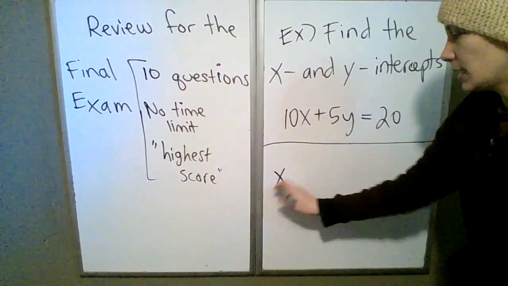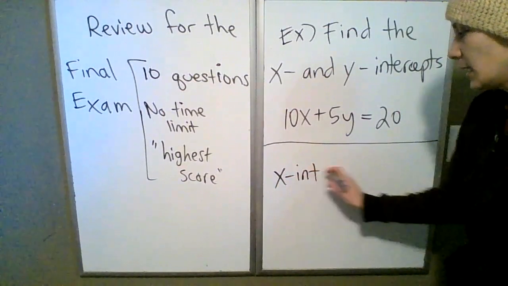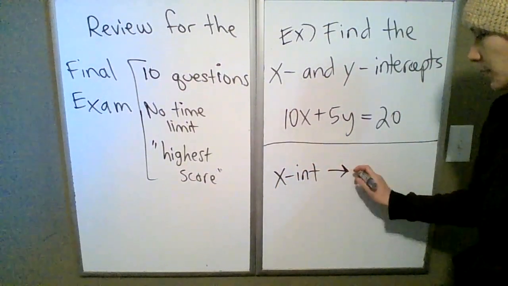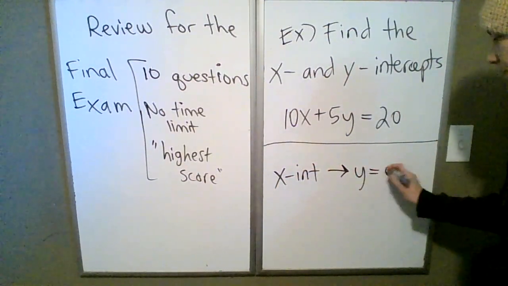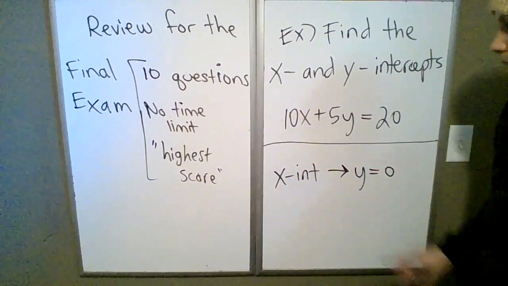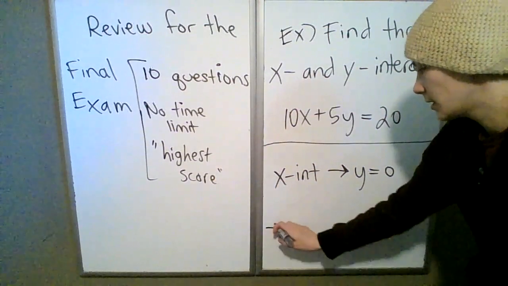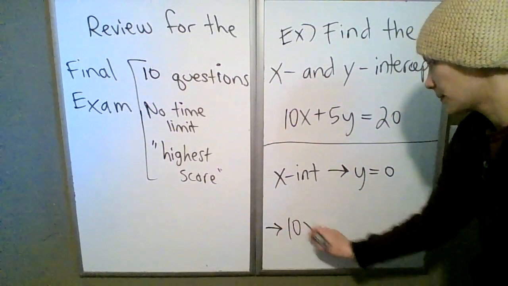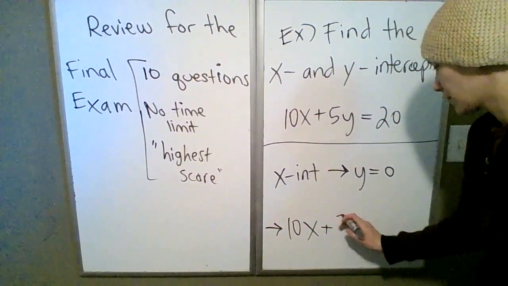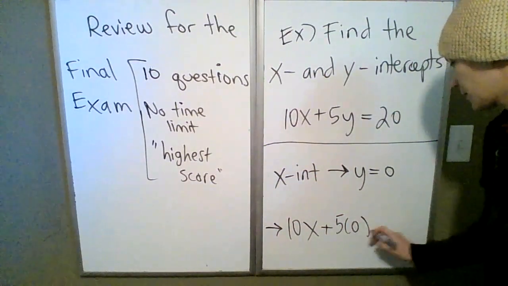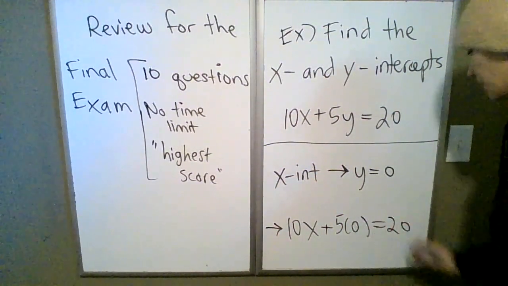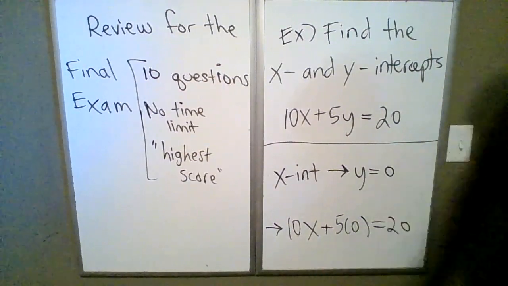Let's start with your x-intercept. Here's when y is equal to 0. Put 0 into that part of the equation. Solve for x.